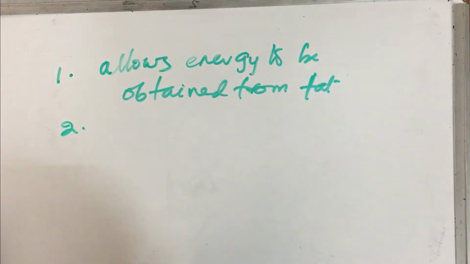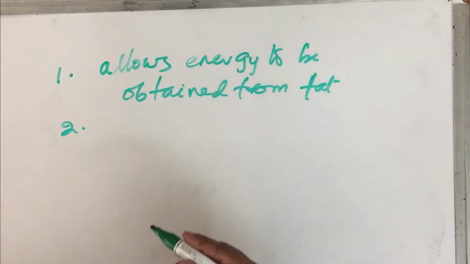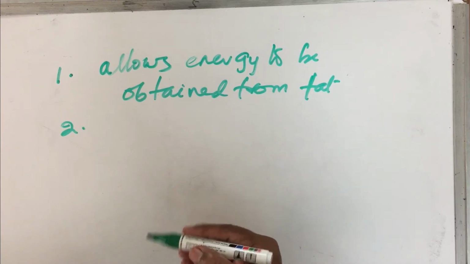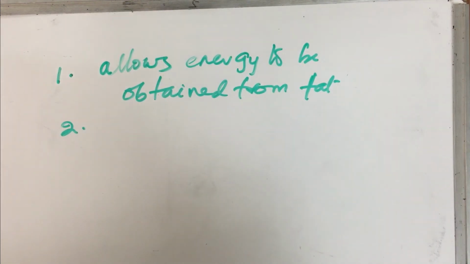The second significance of this pathway is, in some photosynthetic anaerobic bacteria, they can directly convert acetyl-CoA to pyruvate with the help of reduced ferredoxin, which is a very powerful reducing agent, more than NADPH.